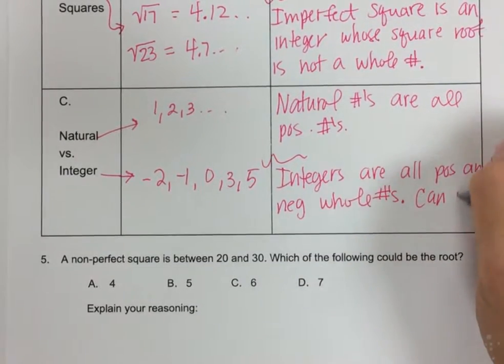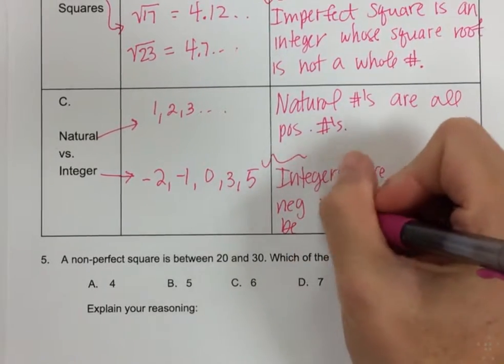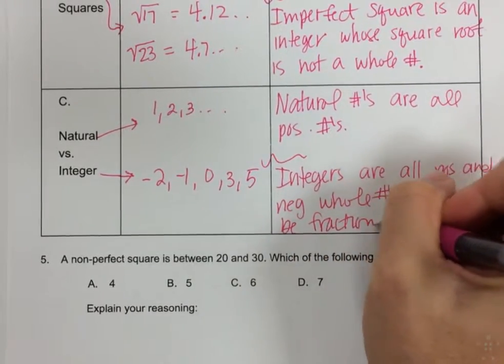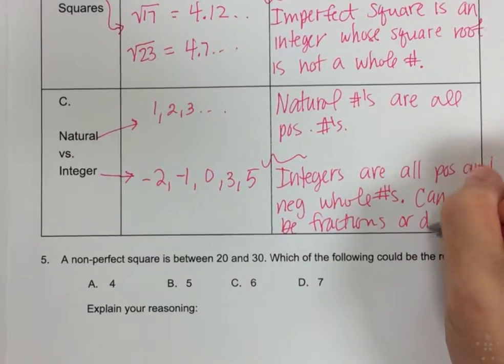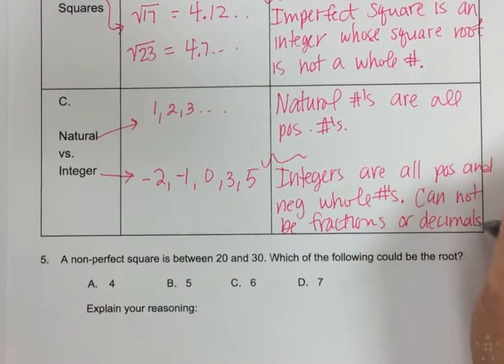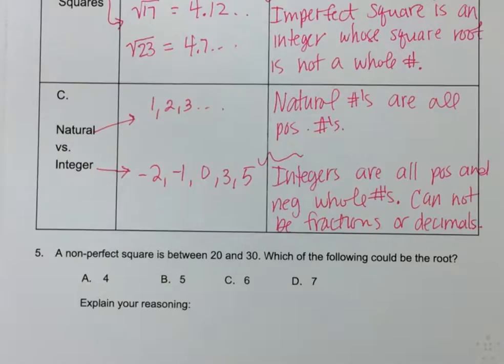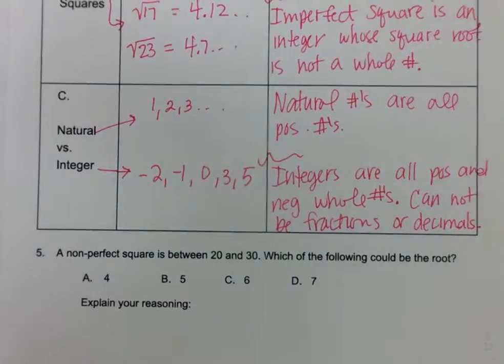These cannot be fractions or decimals. That's where that whole number comes in there. It's got to be a positive or negative whole number.